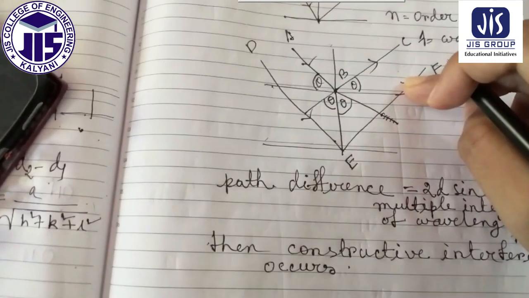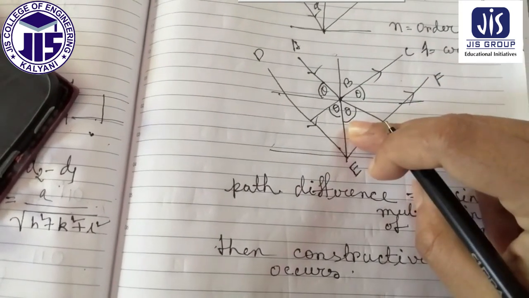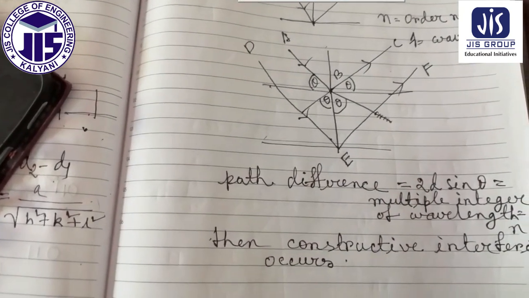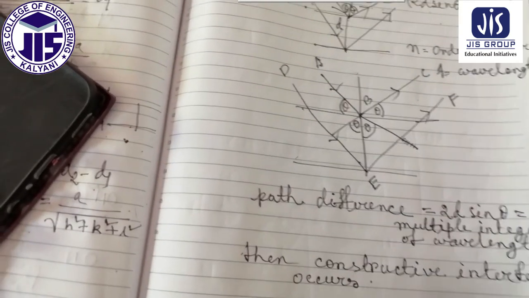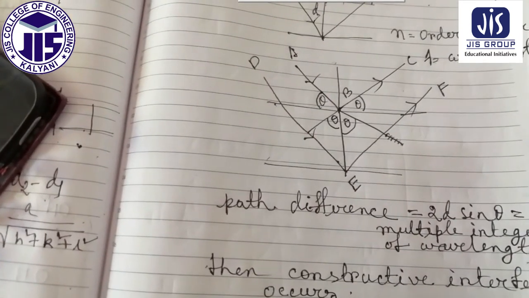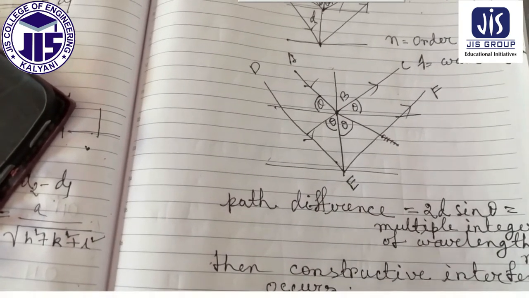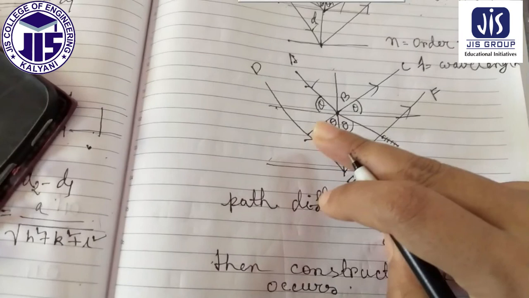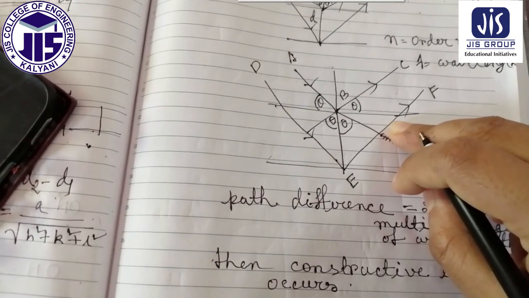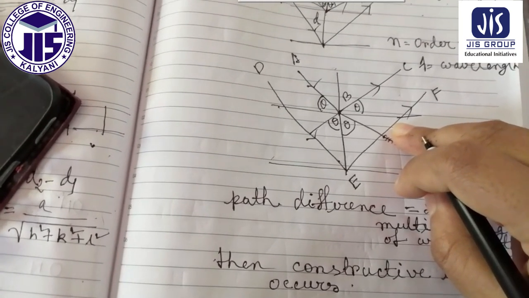You try to prove how the path difference can be 2d sin theta. Let me give you a hint. Here you have to use geometry. By geometry you can prove that the path difference is 2d sin theta. This is your task, this is your assignment.